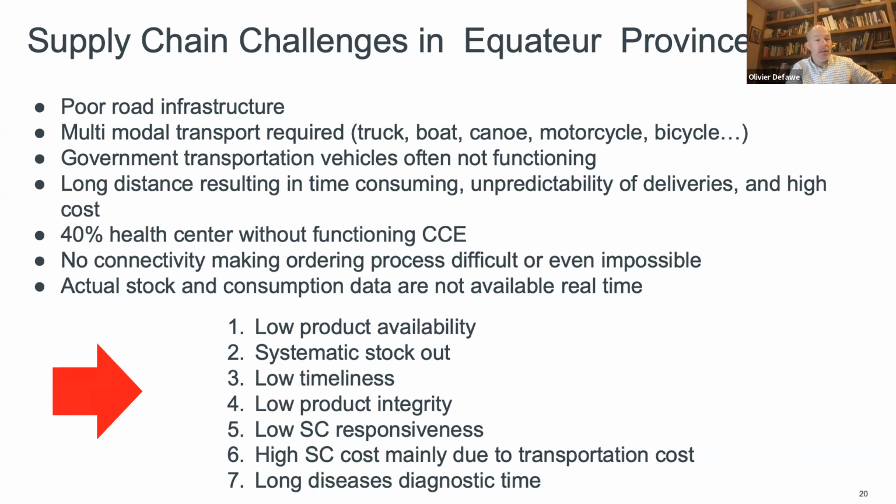No connectivity, making the ordering process difficult and sometimes impossible. So relying on the forecast, the quantification that you've done once a year, and just having those delivery orders that are based on theoretical data.